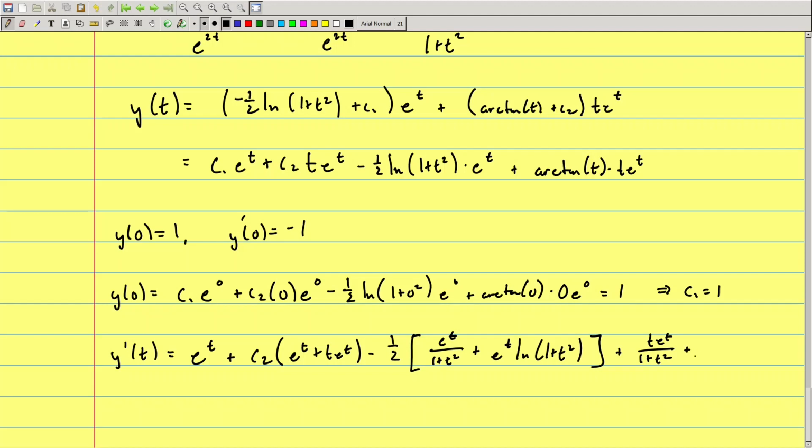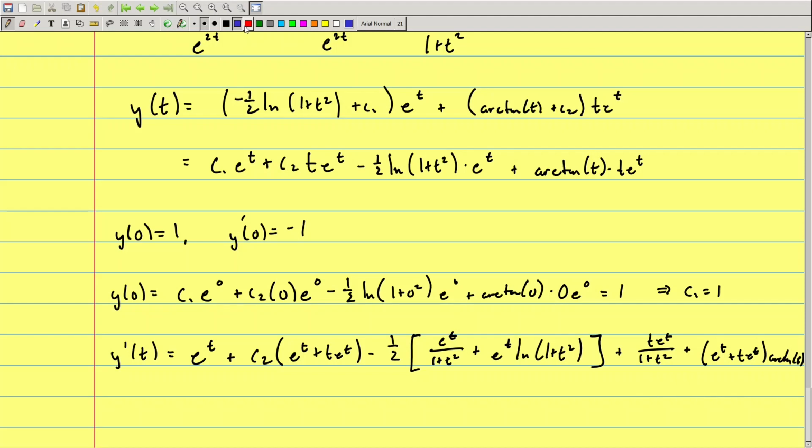And then I add to that the derivative of t e to the t, which is e to the t plus t e to the t, times arctangent. That's what I mean, right? Otherwise, you'd have to differentiate each thing separately and reorganize, and it'd be a little bit more of a mess.